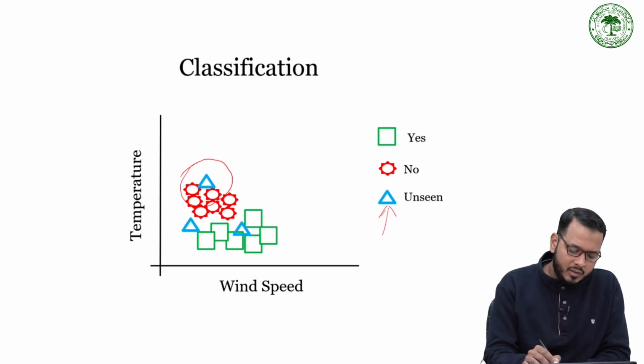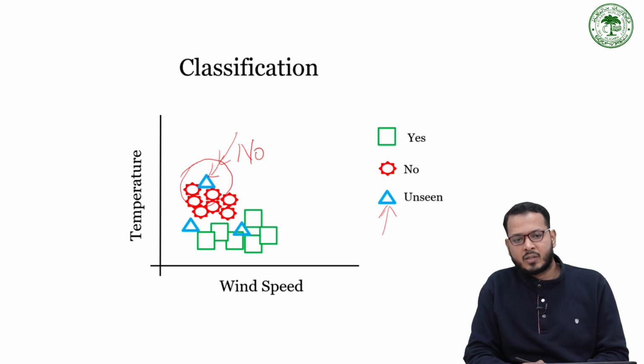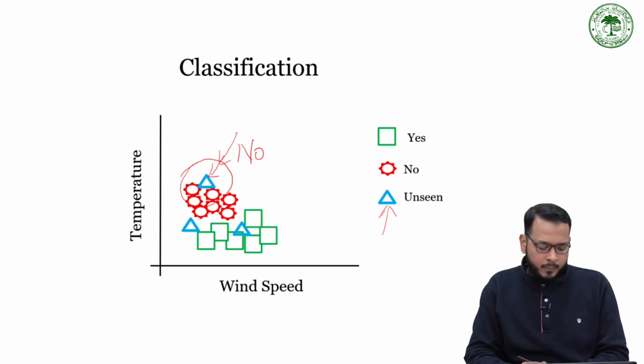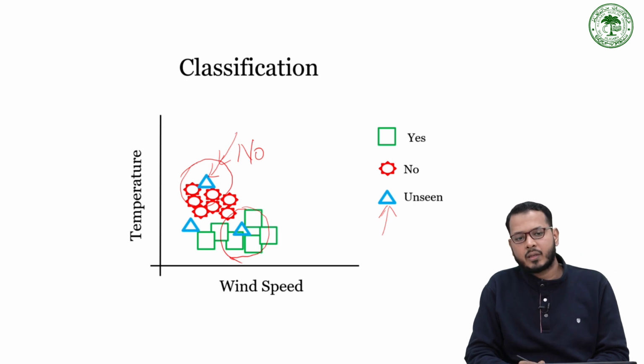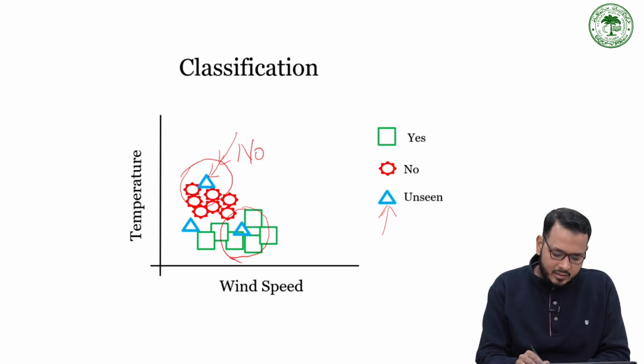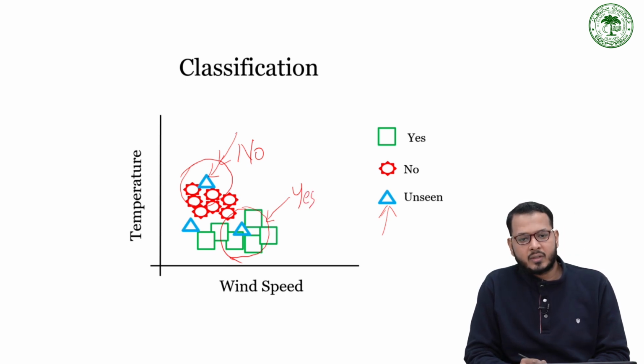So we can conclude that the class of this blue triangle is also no. Why? Because its neighbors are all no. Similarly, if we look at the neighbors of this another instance of unseen example, we can easily assign this a class yes based on the values of its neighbors that we already know.